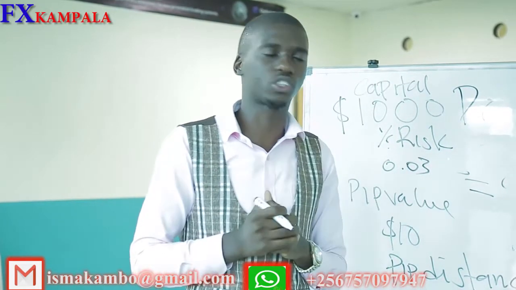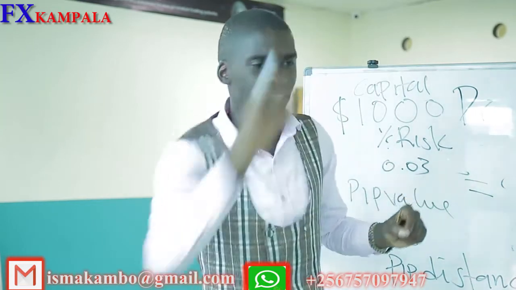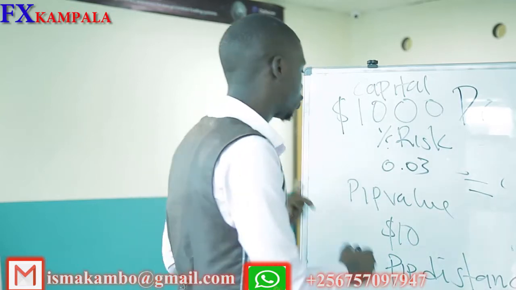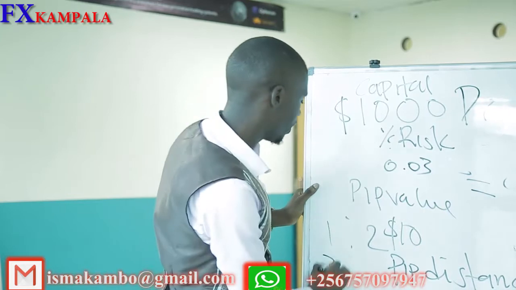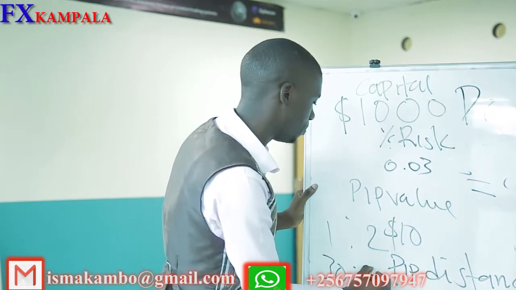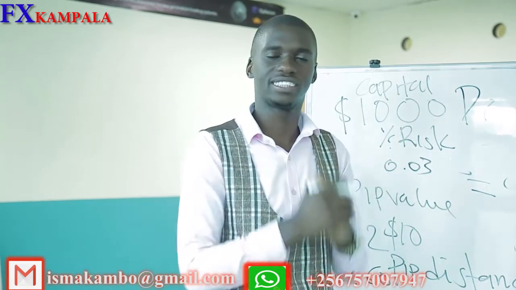Automatically you will be risking 3% of the portfolio, and with a risk-reward ratio of 1 to 2, if you're risking $30, which is the 3% of this, our target should be 60 and above. So your take profit will be 60 and above.